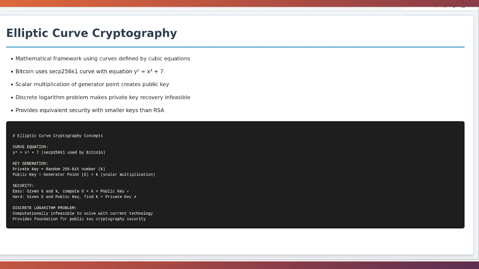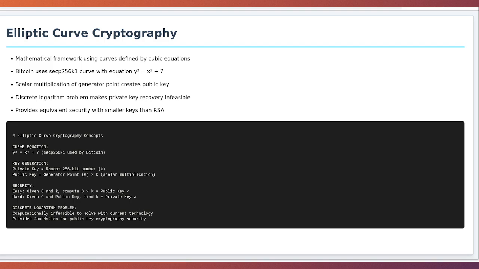The cryptographic magic comes from defining mathematical operations on points on this curve. Here's the insight: if you start with a point on the curve called the generator point and add it to itself repeatedly a certain number of times, you get another point on the curve. This repeated addition is called scalar multiplication.